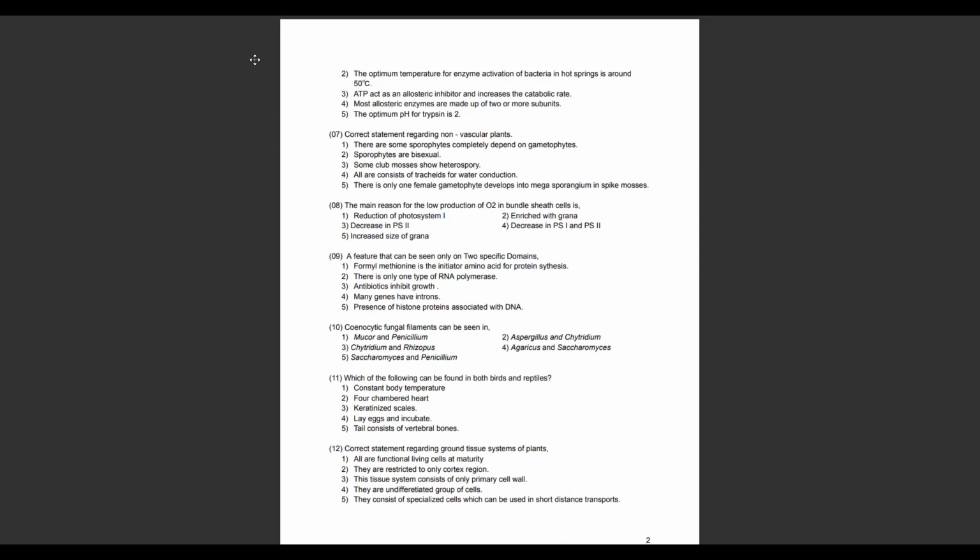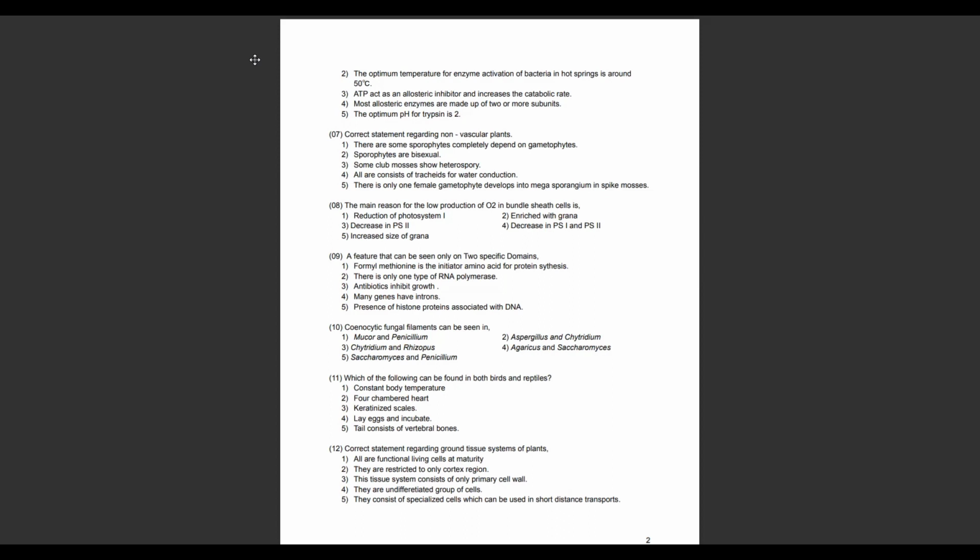Question number 8. The main reason for the low production of oxygen in the bundle sheath cells. If we take a C4 plant, it has Kranz anatomy, where mesophyll cells cover the bundle sheath and form a flower-like structure. It's given in your resource book, right?